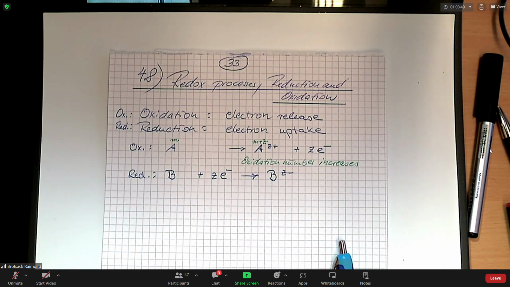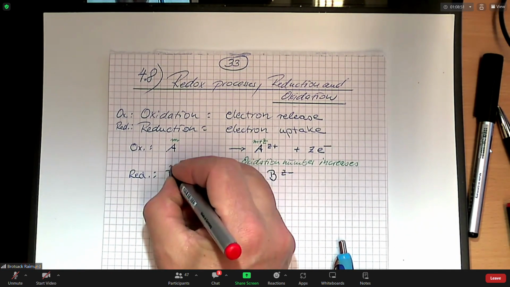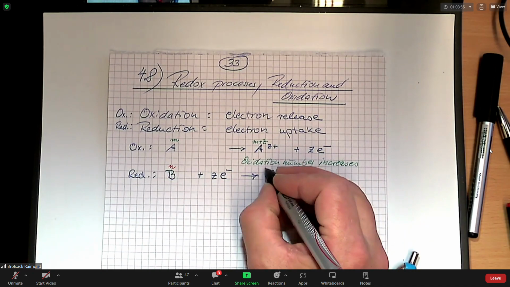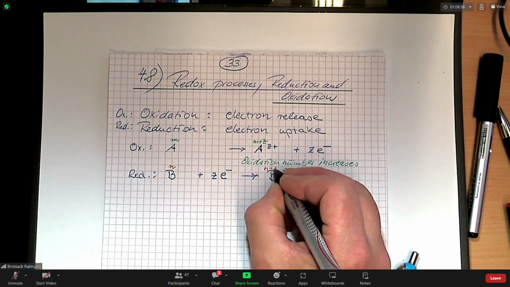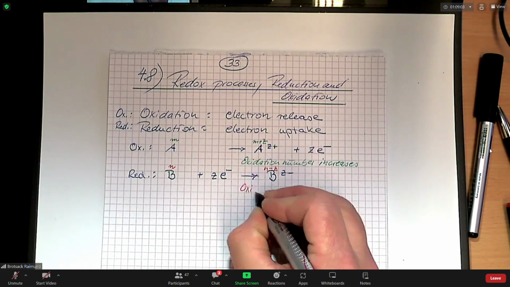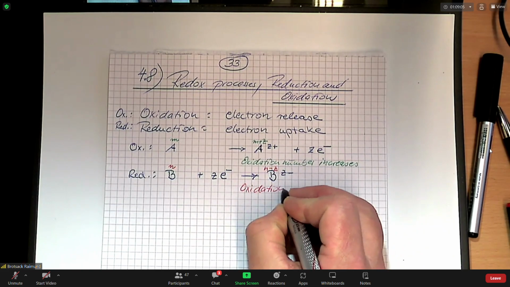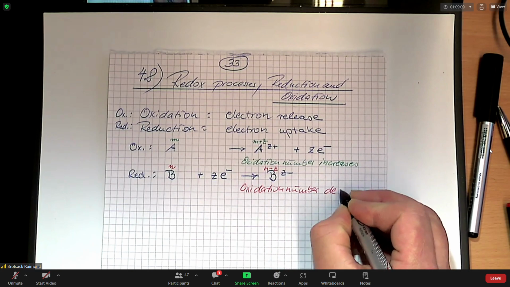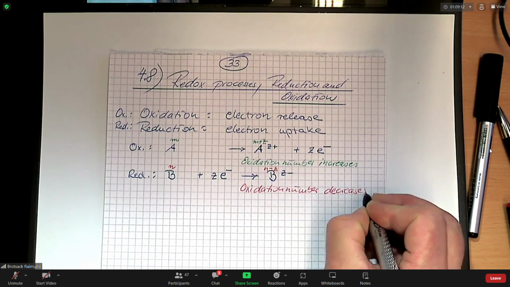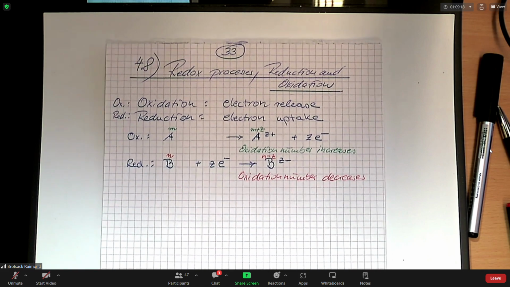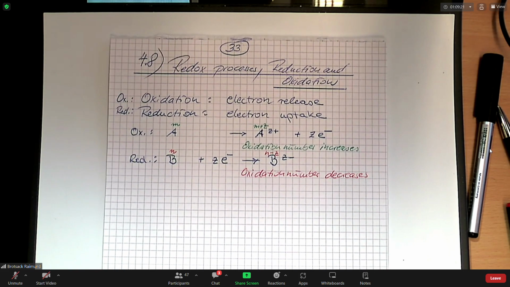And the oxidation number here, we call it N. Now what's the oxidation number here? N minus Z. So here the oxidation number decreases. So that's general oxidation and reduction.